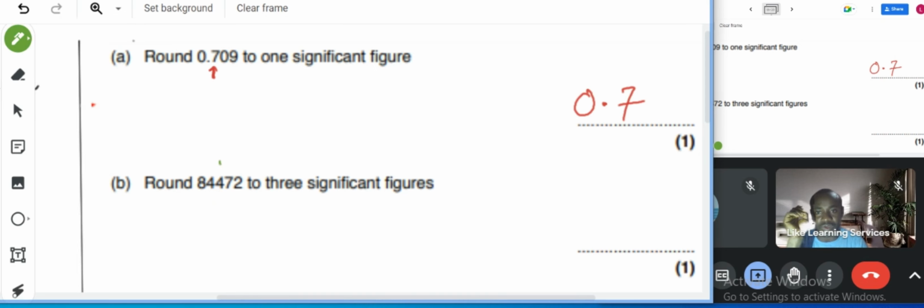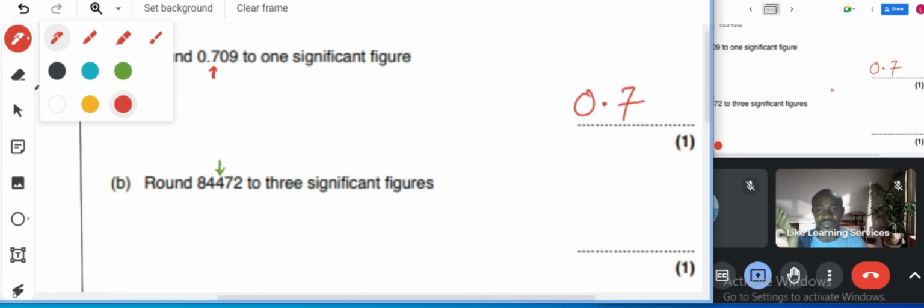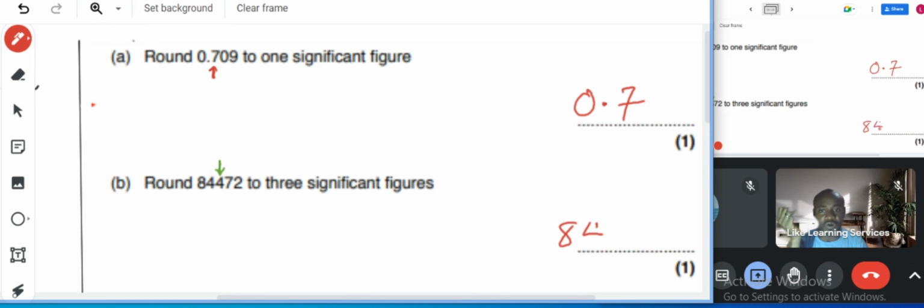Okay, so we are stopping at this second 4. Then you look at the number next to it. 7. Anything 5, 6, 7, 8, 9, you call it 1 and add to this, isn't it? So what will be the final answer? 8, 4, 5. We've written the 8, the 4, and then when we get to the next 4, we're adding 1 to it, because 7 is a number from 5 and above.